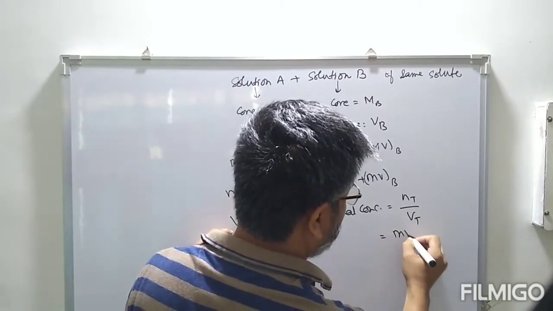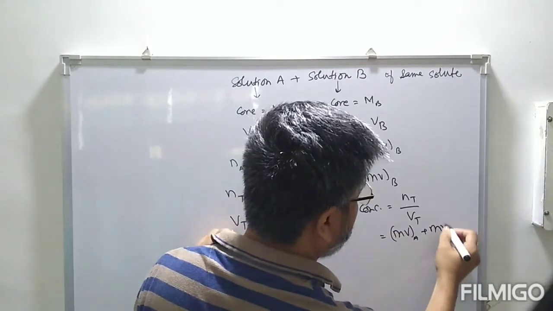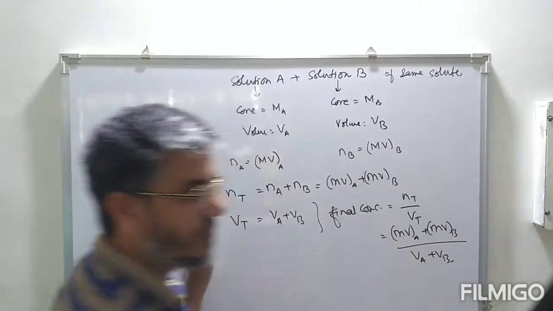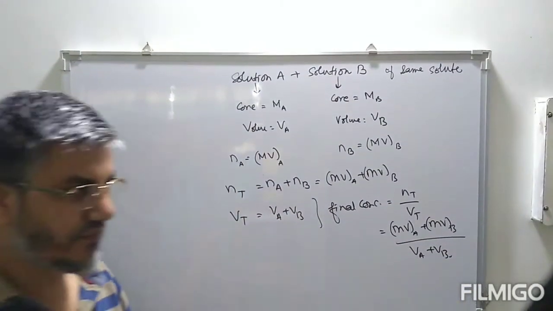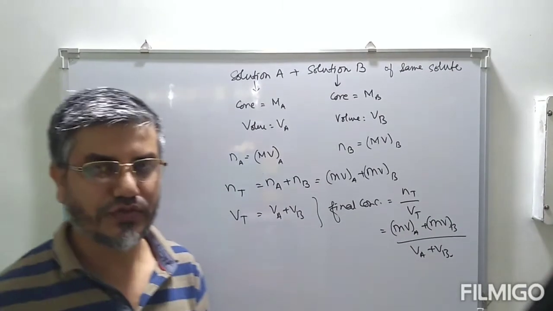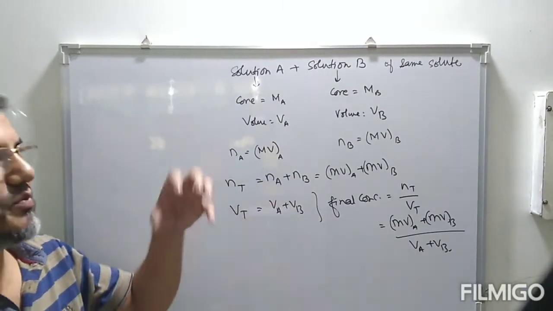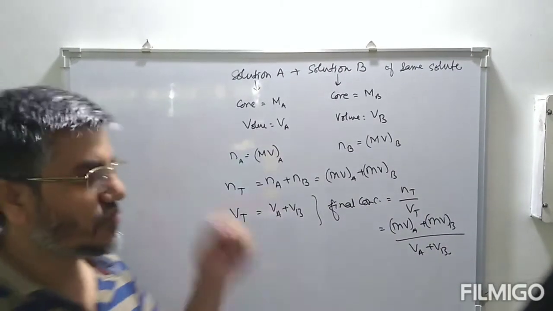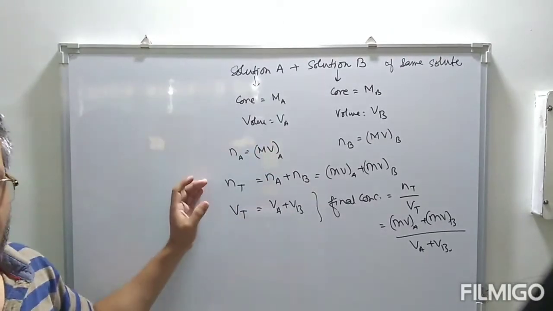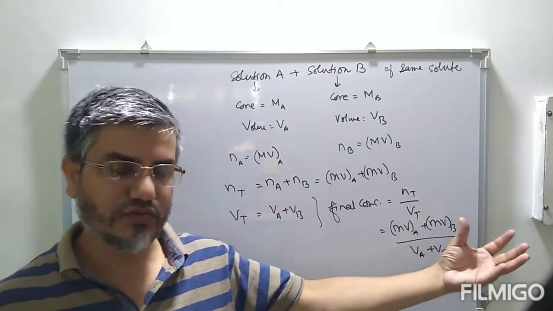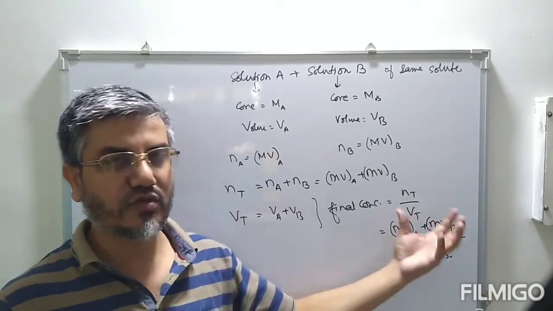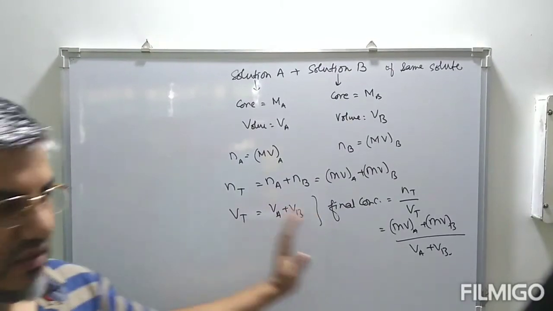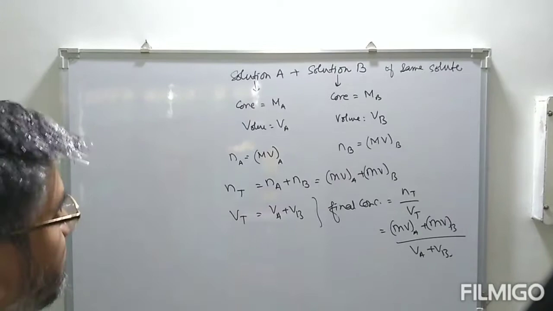So this is MA VA plus MB VB divided by VA plus VB. That means if we have different solutions of the same solute, then if they are mixed together, the resultant solution is given as such. So convert this concentration and volume into number of moles, then find the total number of moles, then divide this total number of moles by total volume. That gives you the resultant concentration of the solute in the solution.